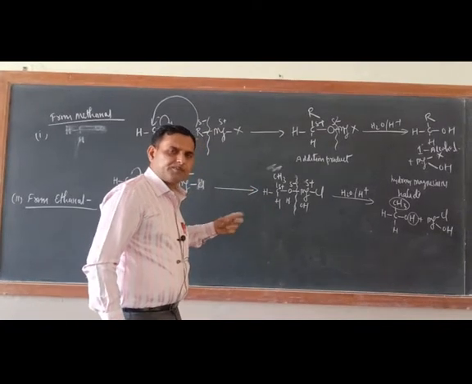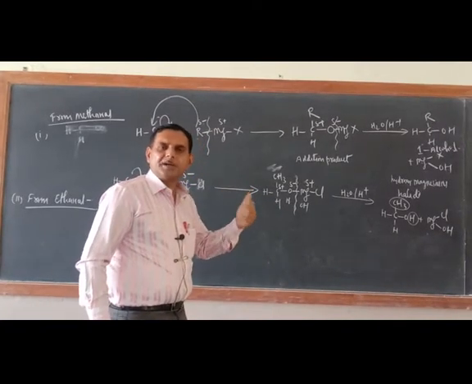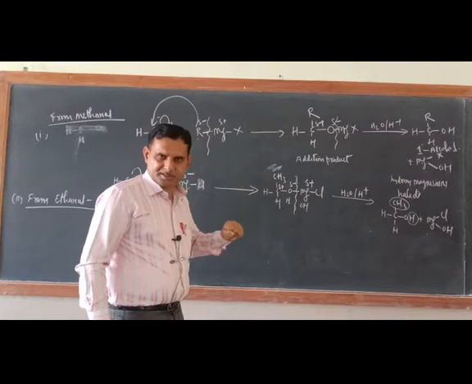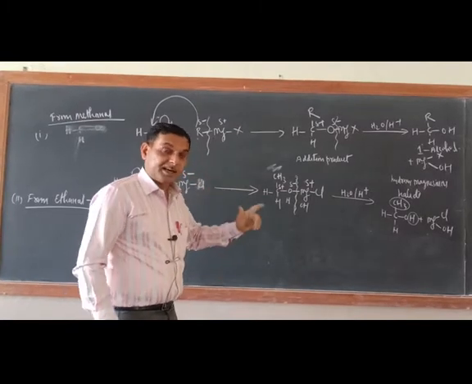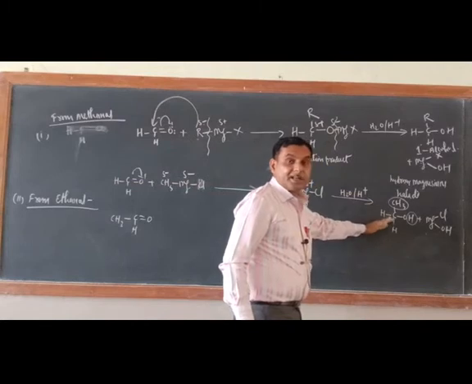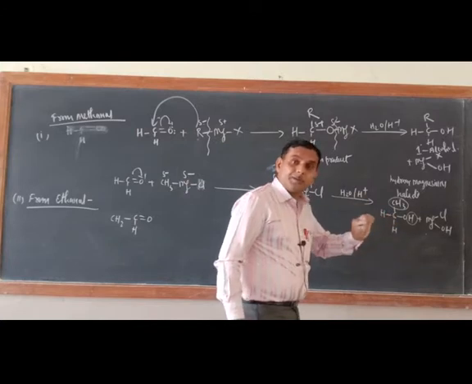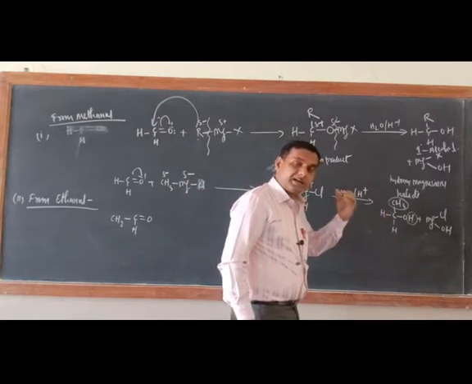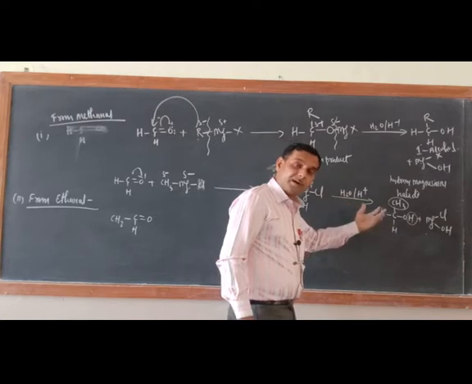First question is how you will obtain 1 degree alcohol from Grignard reagent. Second, they will give you the product and tell you to segregate the carbonyl compound and Grignard reagent. So only the product will be there.